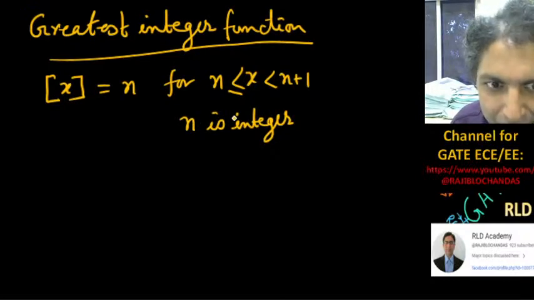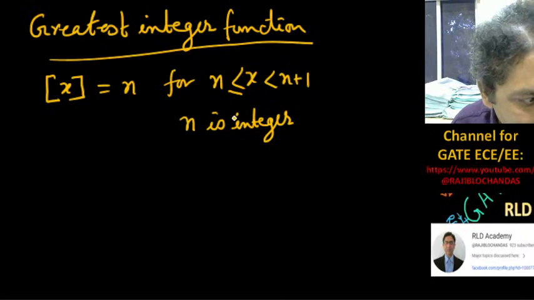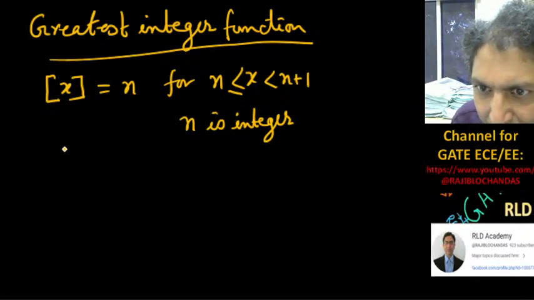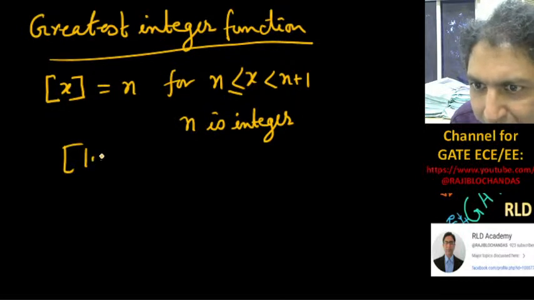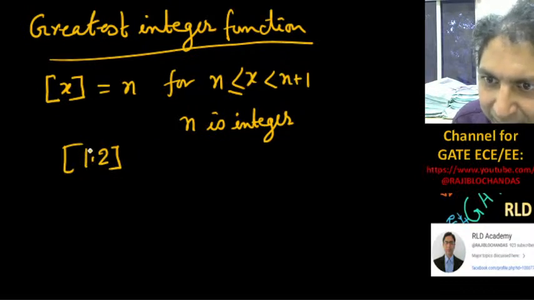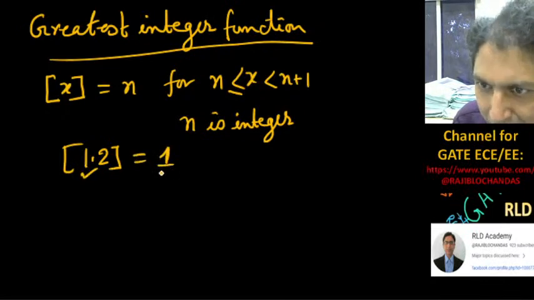Now what is the meaning? If I take one example, the greatest integer value of 1.2, I can write that 1.2 is within 1 to 2. So in the first integer it will start from 1, so its integer value is only 1.